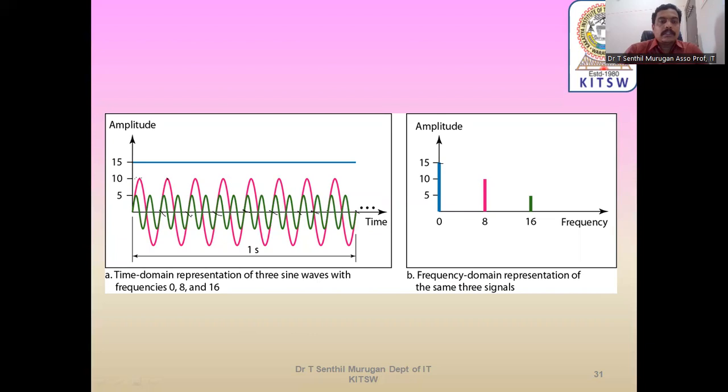So the pink wave has frequency 8 and amplitude 10. The green wave has 16 periods here. So we can represent the time domain like this.